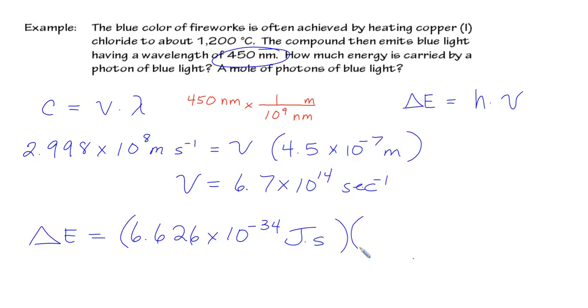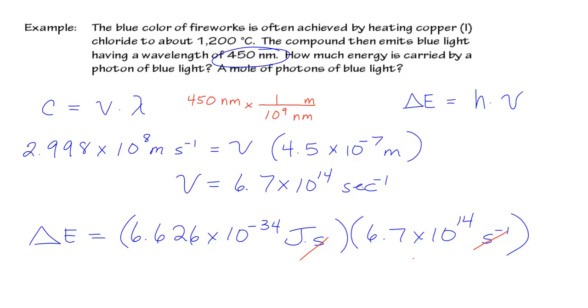We plug in the frequency, 6.7 times 10 to the 14th. You could say S, seconds to the negative 1, SEC. Everybody's going to know what you mean. This kind of makes sense. With units, seconds are going to cancel. So when we talk delta E, we're looking for some unit of energy. It's going to be joules. So I plug this in my calculator.